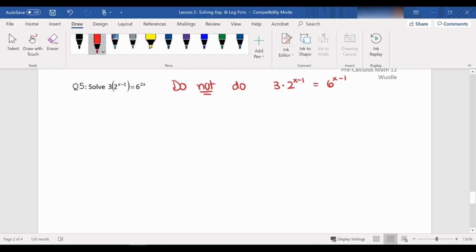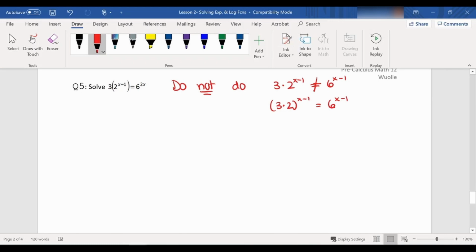This is not allowed. The x to the negative 1 is not on the 3 and the 2. This is not equal. This would equal 6 to the x minus 1. But that's not what we have. We have no brackets around the 2 and the 3. The brackets are clearly telling us the x minus 1 is only on the 2.